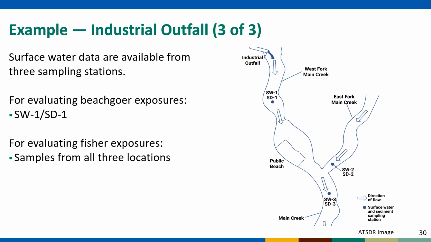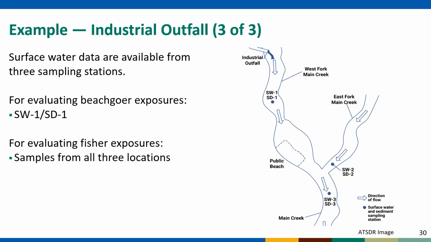Similarly, data collected from sampling location 3 in the Main Creek probably shouldn't be used, since the concentration of the contaminant in that area would likely be lower than the concentration in West Fork, where the beach is, due to dilution from waters flowing in from the East Fork, plus it's downstream.